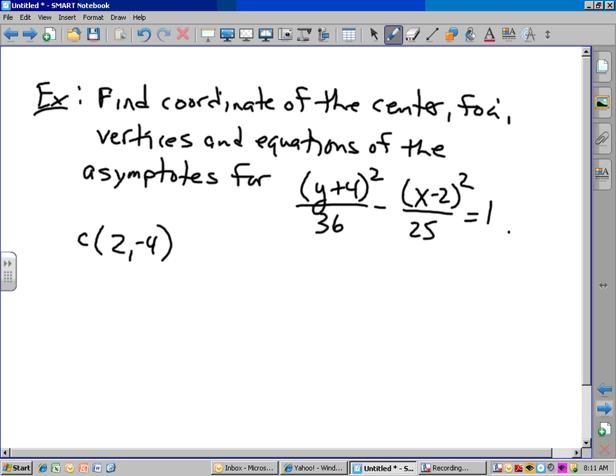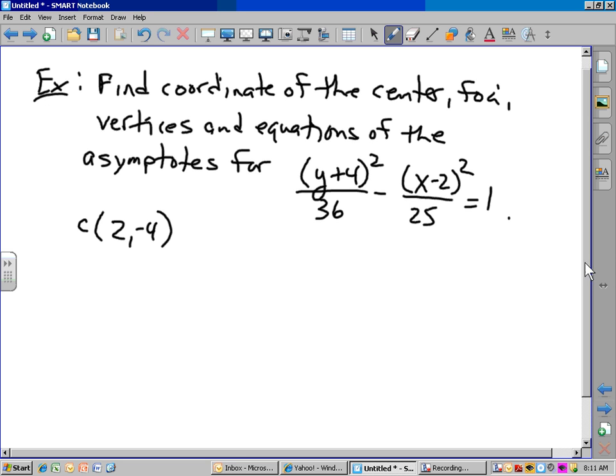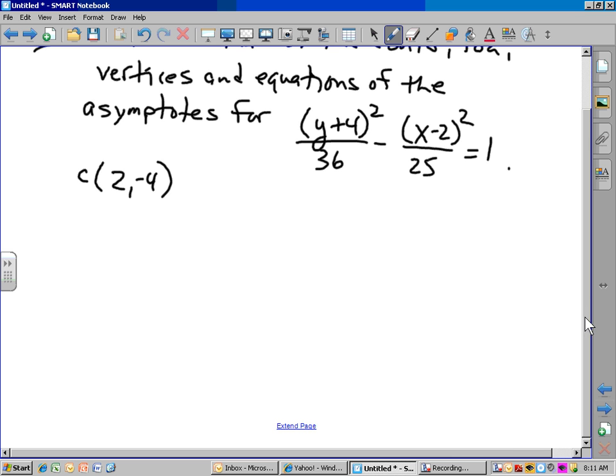That's something that we got to really pay attention to. You get that mixed up. 2, negative 4. All right, so let's start building a graph already.